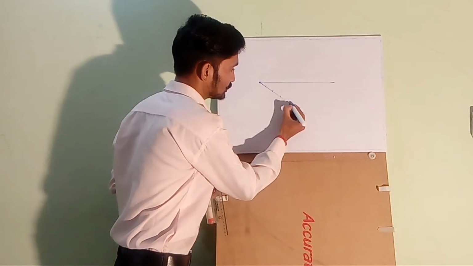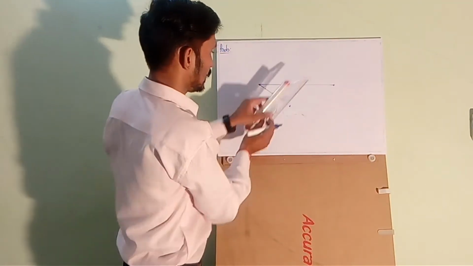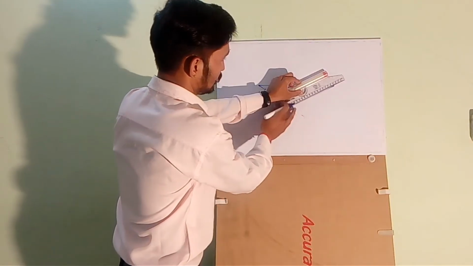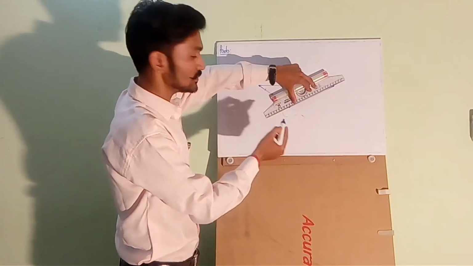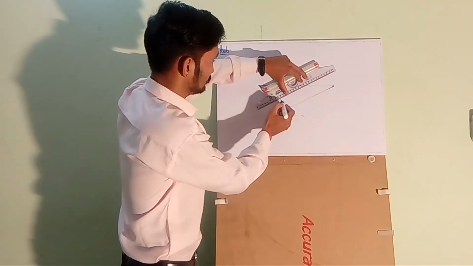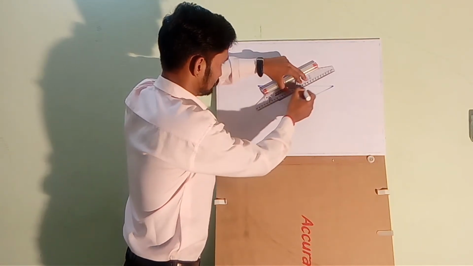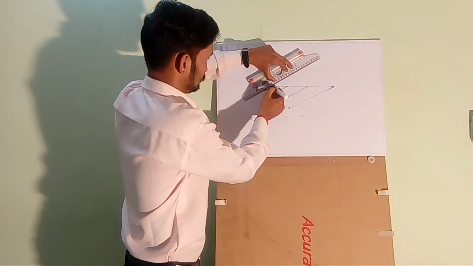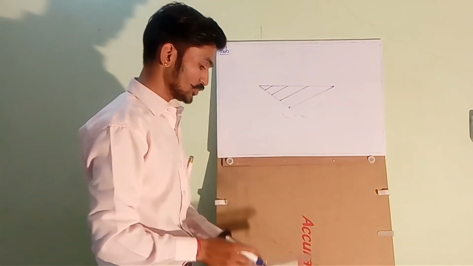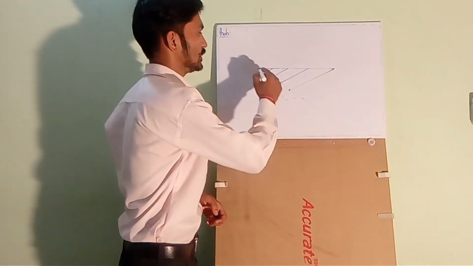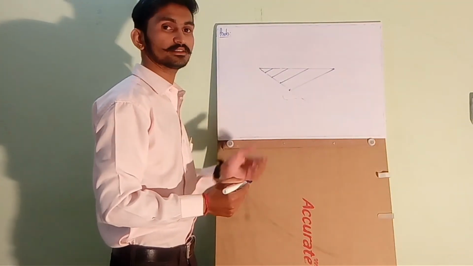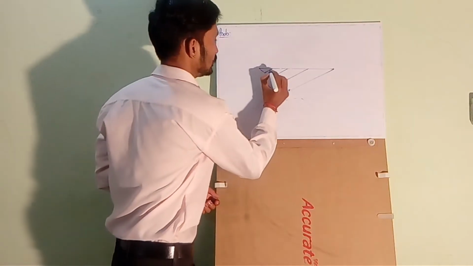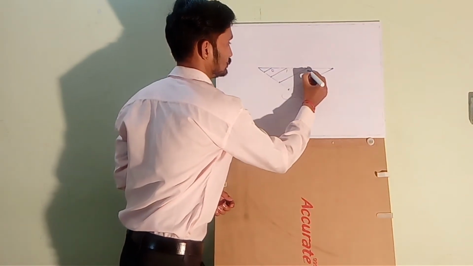Now join this point to the end of the line, and draw parallel lines from each point. So eventually we will get the line drawn by us divided into 4 equal parts. Now number them 1, 2, 3, 4.